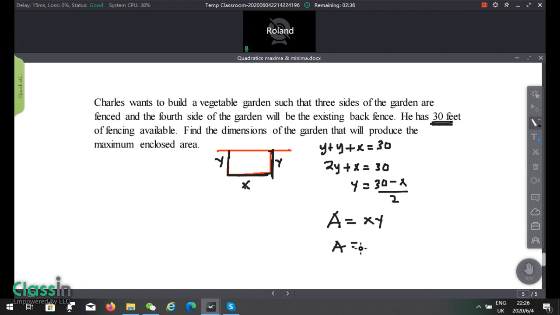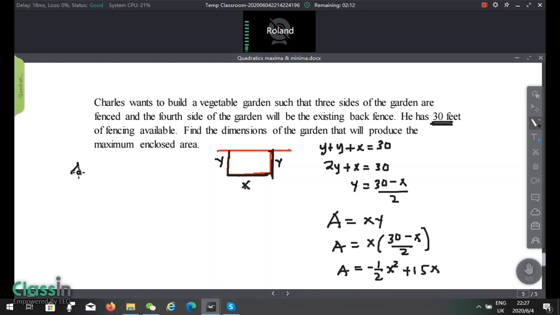But of course, we know y as 30 minus x over 2. So it's x multiplied by 30 minus x over 2. If we rearrange this properly, we get negative 1 over 2 x squared plus 15x. And we can complete the square. Let me continue somewhere here.